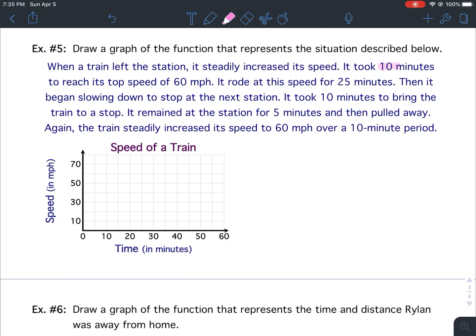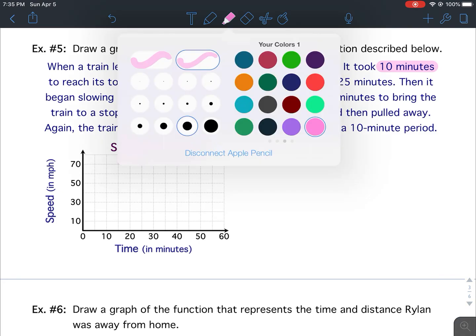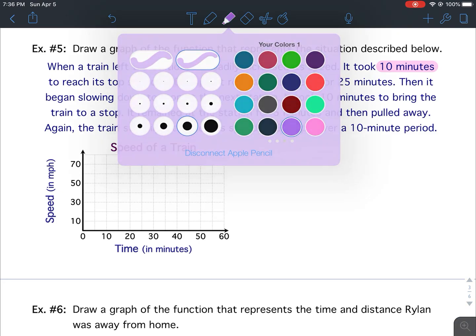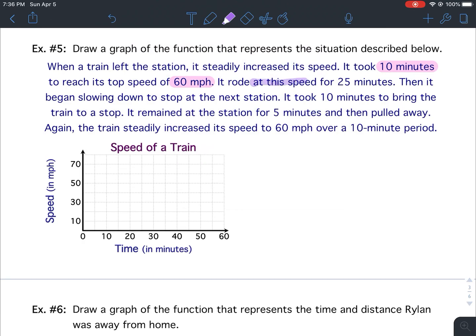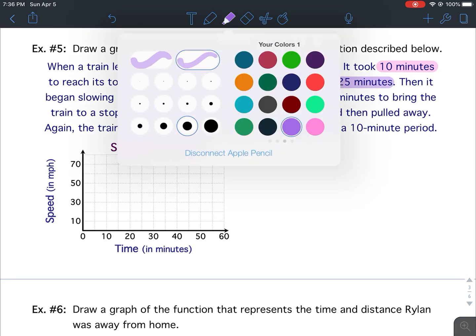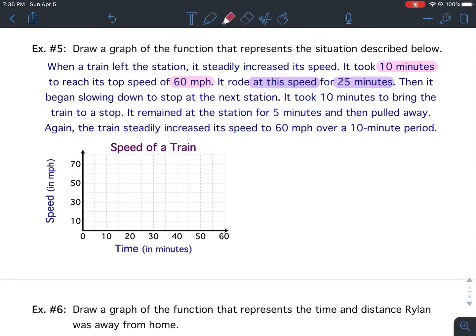So it took 10 minutes to get up to 60 miles per hour. It rode at that speed, so it stayed at 60 miles per hour at a constant speed for 25 minutes. Then it began slowing down to a stop. It took 10 minutes to bring the train to a stop.